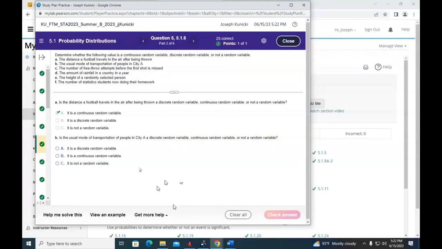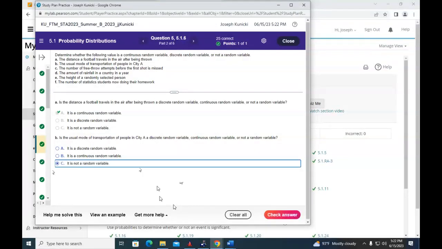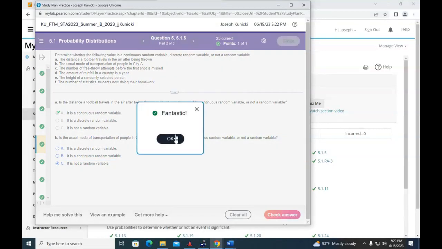So it's not a random variable. Yeah, you can put numbers on them if you want. Because wouldn't the mode of transportation be X? Well, they're just nominal, they're just names. And even if you put numbers on them, they're still just names. Correct. Because you're not counting or measuring anything.